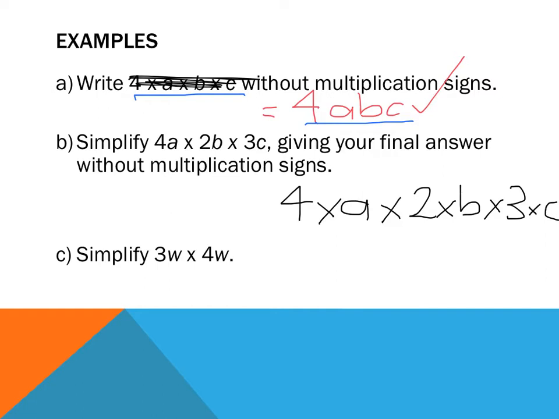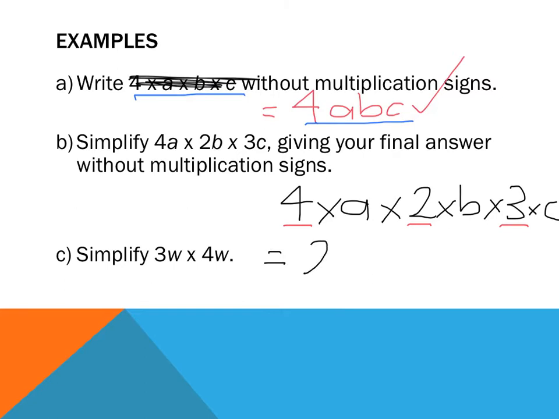Now, you'll notice I have a whole lot of pronumerals and a whole lot of numbers. Because it's all multiplication, I can actually multiply the numbers together. So I'm going to underline my numbers. 4 times 2 is 8. 8 times 3 is 24.